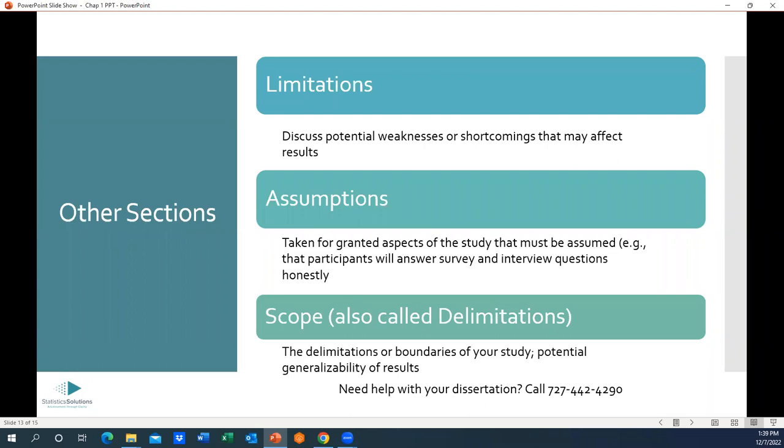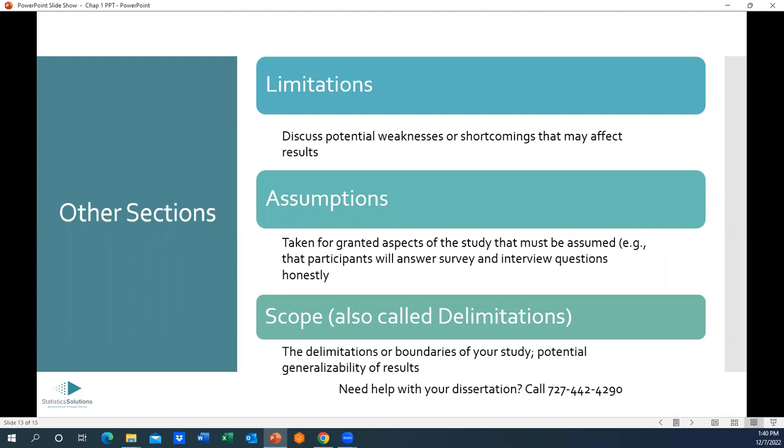Assumptions, these are things that you don't have control over, right? So you have to assume things so the study can move forward. And a big one, and this is for qualitative and quantitative, is you don't have control over your participants, right? You don't have control over what they say. So you have to assume that they're going to provide you with honest, straightforward answers.